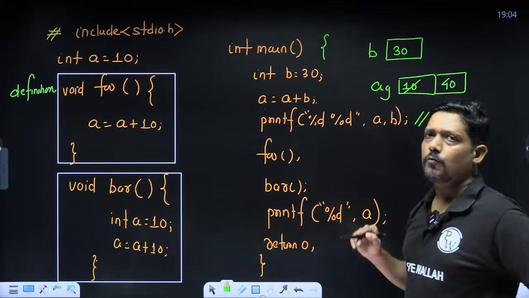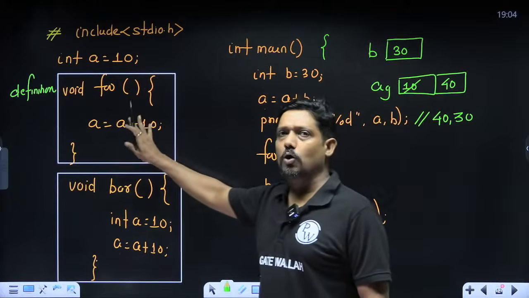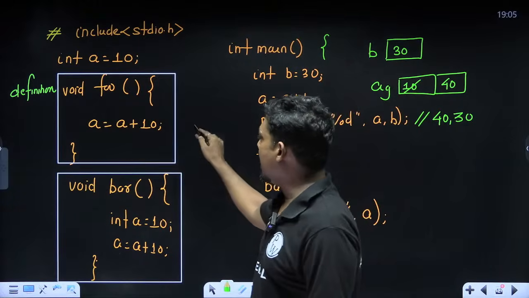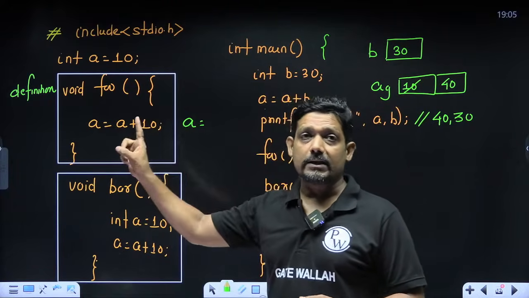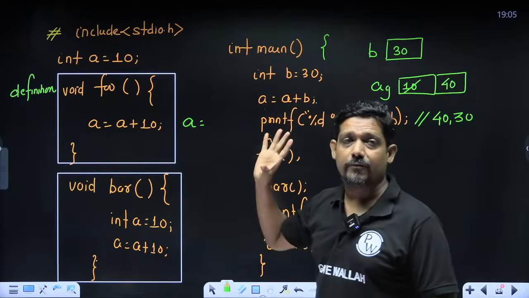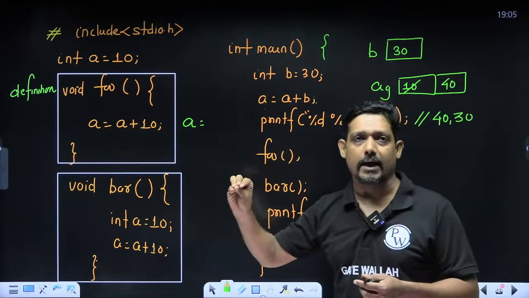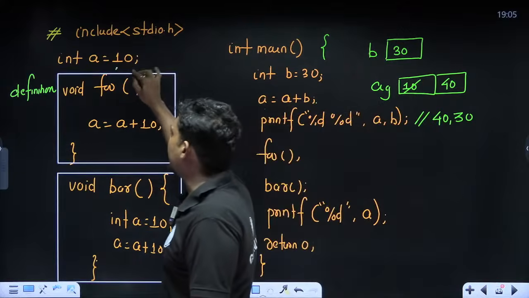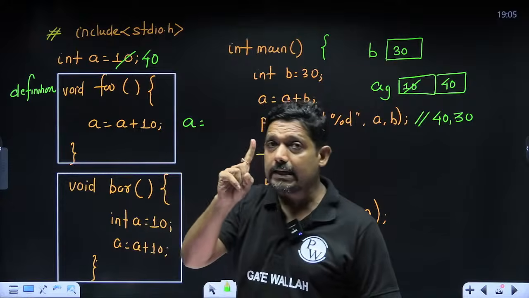Then you call the foo function, and there is no variable a declared. Now understand, this a and that a are referring to the same variable a, so it is no longer 10. You have to maintain a single copy.